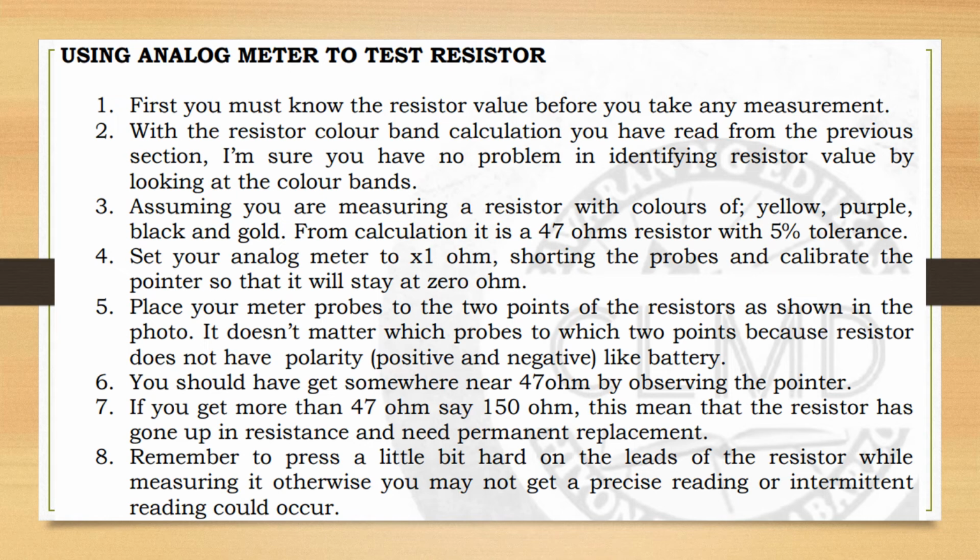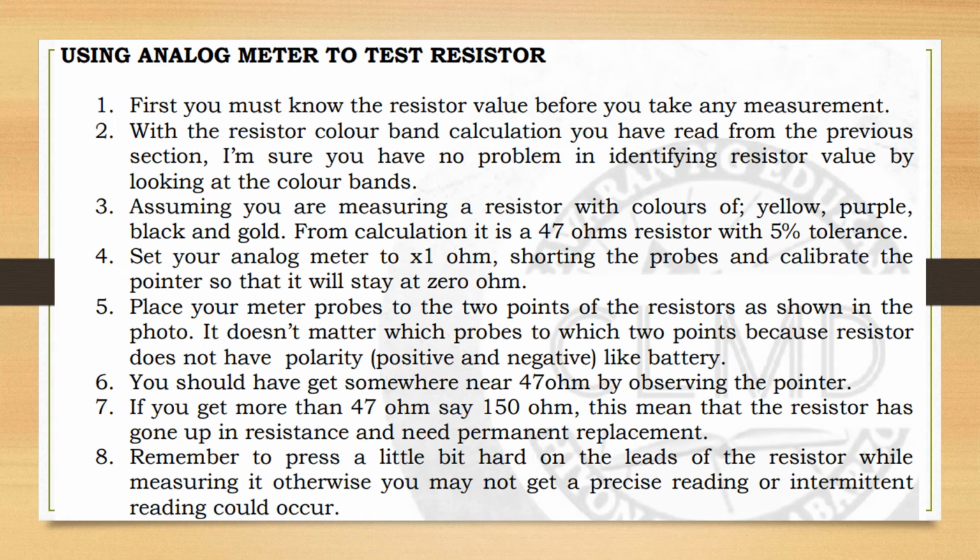I'm sure you have no problem identifying the resistor value by looking at the color bands. Assuming you are measuring a resistor with the colors yellow, purple, black, and gold, from calculation it is a 47 ohm resistor with 5% tolerance. Set your analog meter to times 1 ohm.